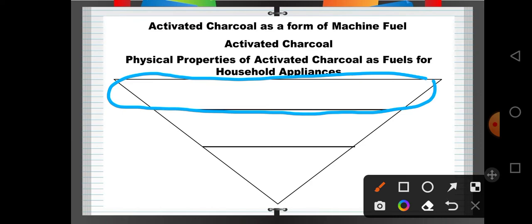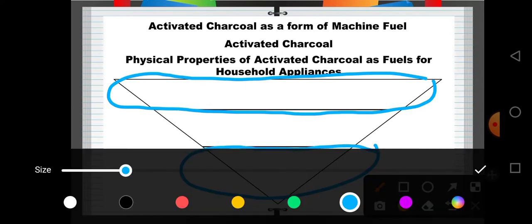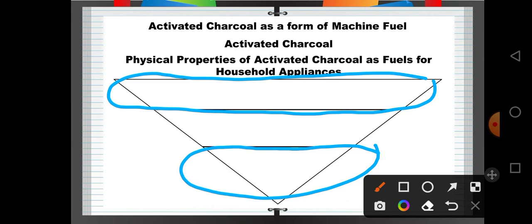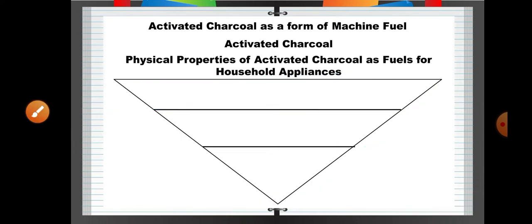The topic positioned at the lowest portion, the apex of the inverted pyramid, is the topic that is very limited in scope, the narrowest topic. And therefore, class, the topic placed in the middle portion will be considered the best research topic.